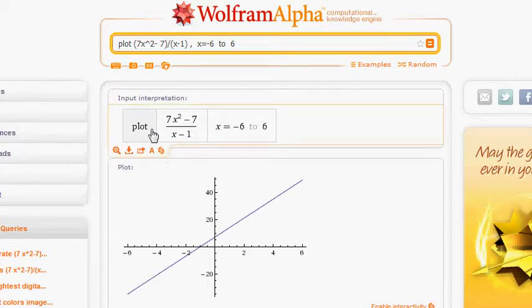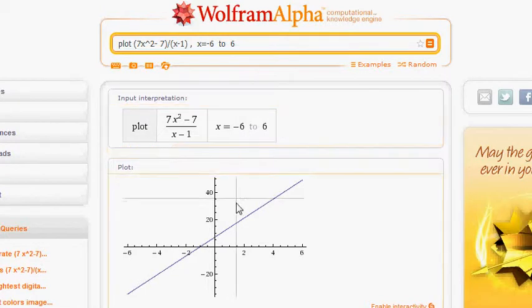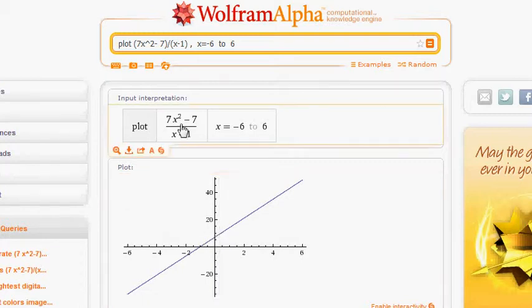All right, and here is what I typed in, x equals negative 6 to 6. And now you see that my graph goes from negative 6 to 6, and my y values actually go from negative 40 to 40. So you notice that I don't have a vertical asymptote, nor do I have a horizontal asymptote for this expression, which is exactly what I discovered.